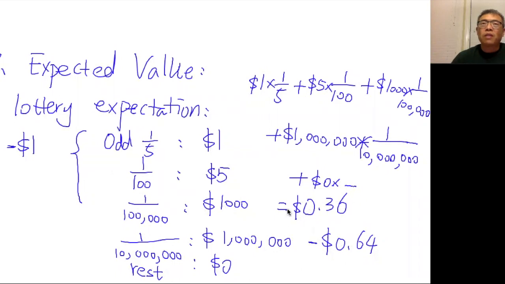There was a philosopher, probably also a mathematician, a very long time ago who won a lot of money by taking advantage of a bad lottery design. That's just interesting to know, but this is probably not going to happen now. Anyway, I think this is an interesting example. What we're calculating here, this 0.36, is called the expected value.